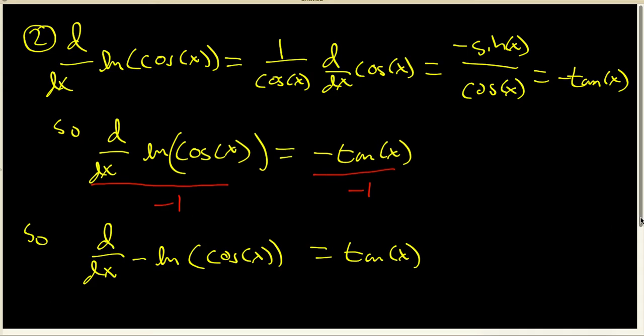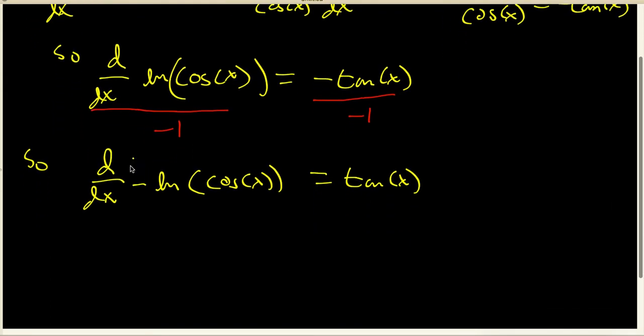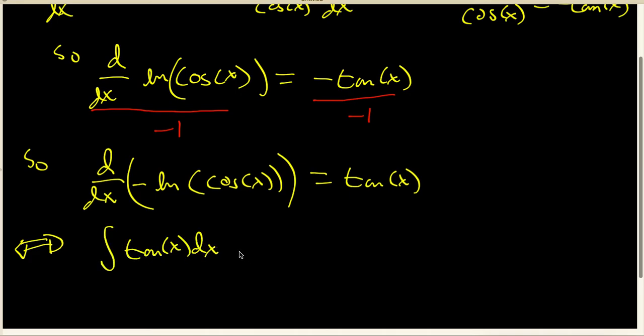And I want to rewrite this particular derivative as an antiderivative. That derivative fact can be rewritten as the antiderivative of the tangent of x is going to be equal to minus the log of the cosine of x plus any constant that we want to add.